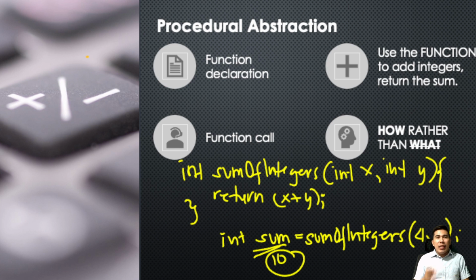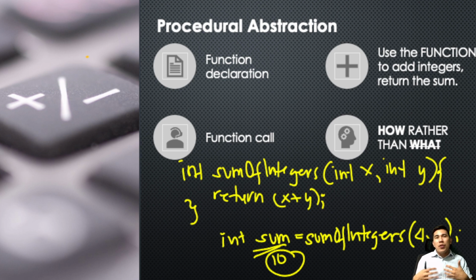Inside that method, the procedure is adding the two integers entered by the user. Then when we call the method and assign the value of 4 to x and 6 to y, the result is assigned to the variable sum, which yields the value of 10.